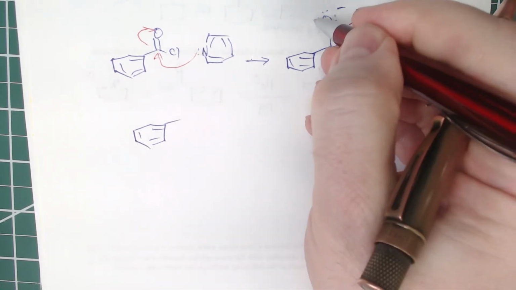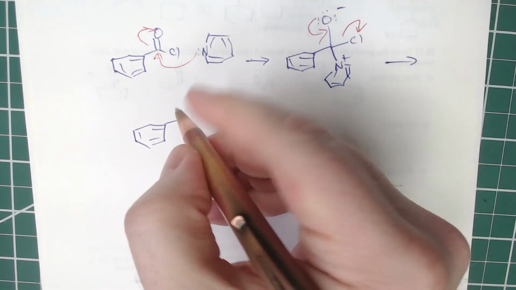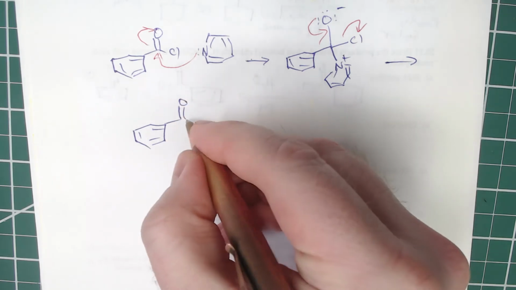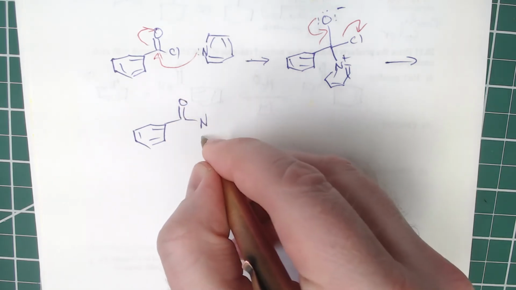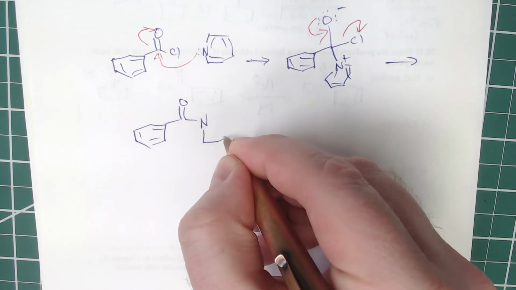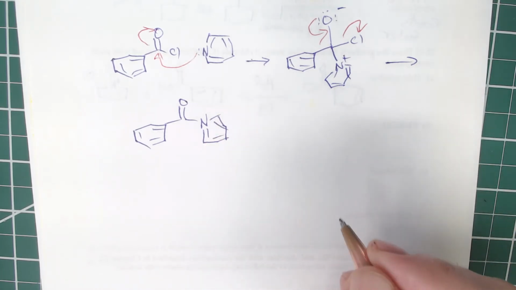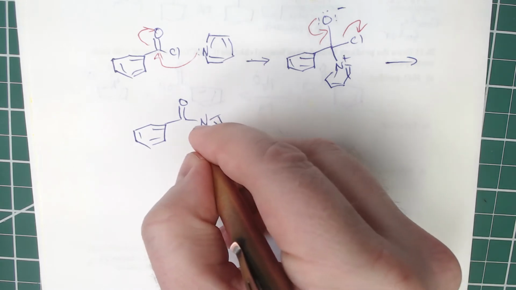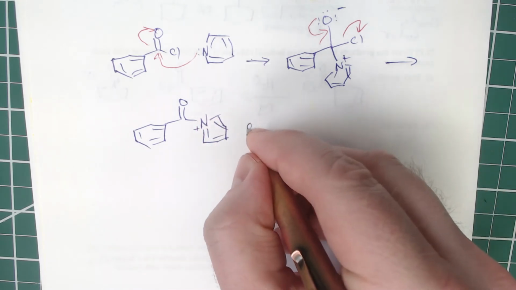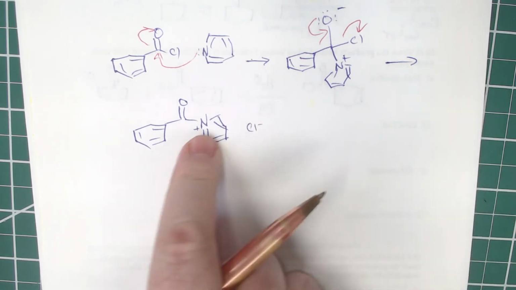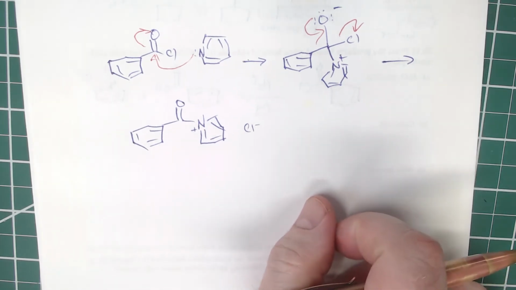And here, let me go ahead and bring this down. All right, and so we will get this. This has a positive charge there. And then the chloride is still hanging out because of charge balance. That is what we get.